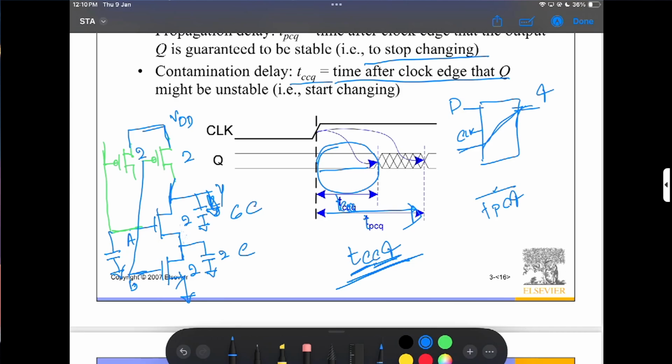So basically your propagation delay involves this capacitor also being charged. Previously my B input was not 1, so this capacitor was not discharged this way. So A and B at the same time both are 1.